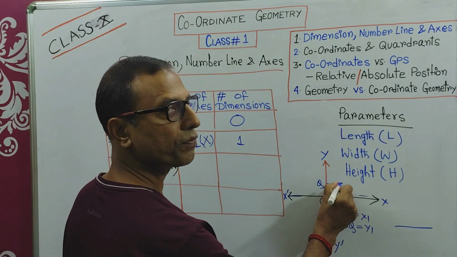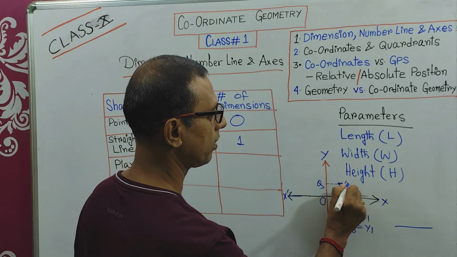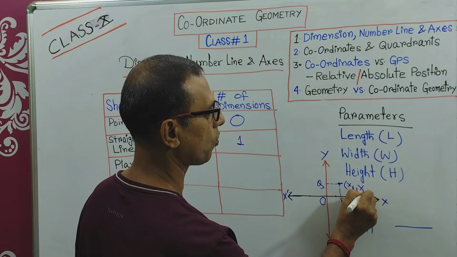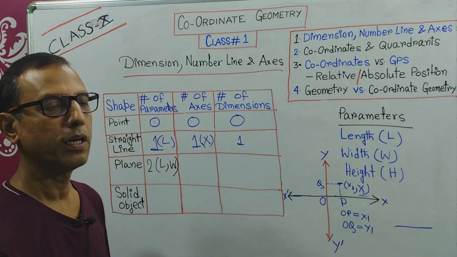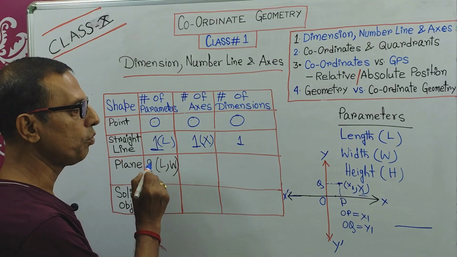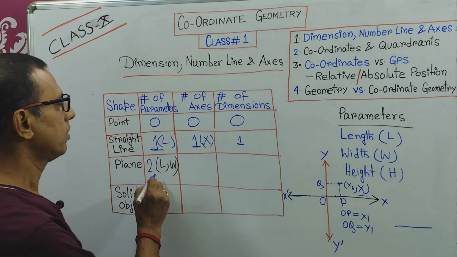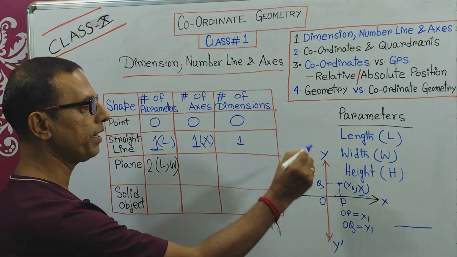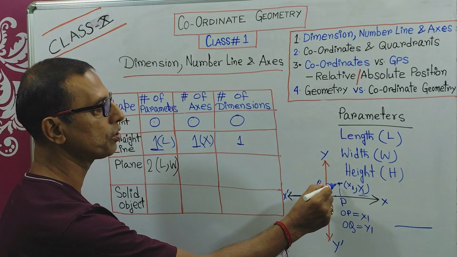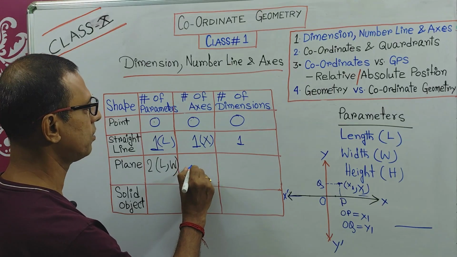Therefore, the position of this point is first the abscissa x1 and then y1, x1 comma y1. This is called the coordinate. So for a plane, since you have two parameters, length and width, you need two axes to specify the position in that plane. The number of axes you need is 2.